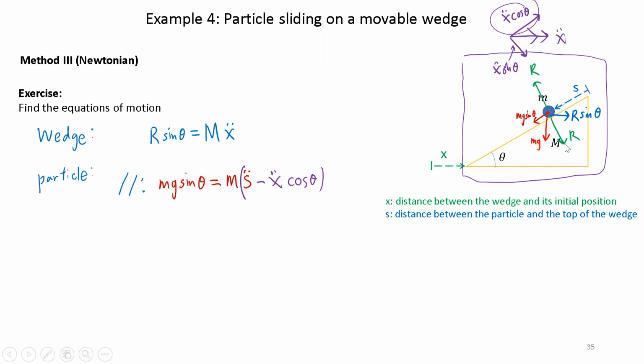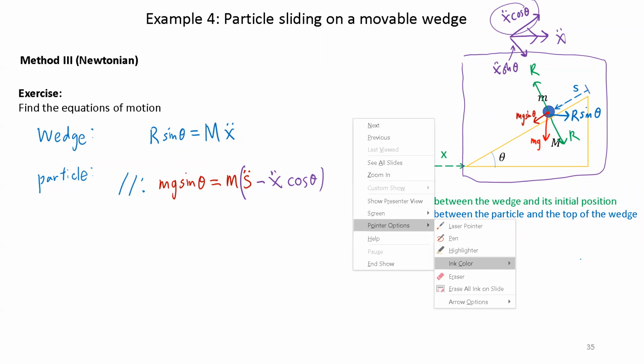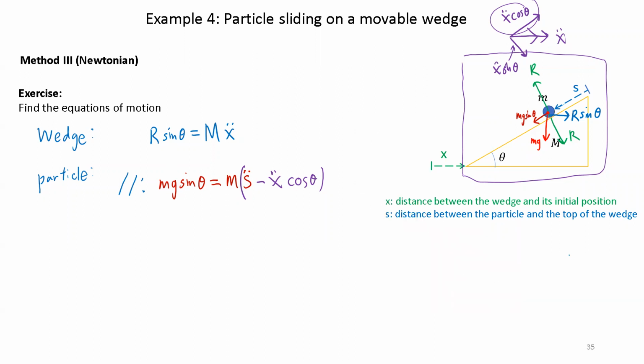Now, along the other direction, the perpendicular. This time, what forces do we have? We have this mg cosine theta, and also the reaction force in the opposite direction. So mg cosine theta minus r will be equal to m times some acceleration again.